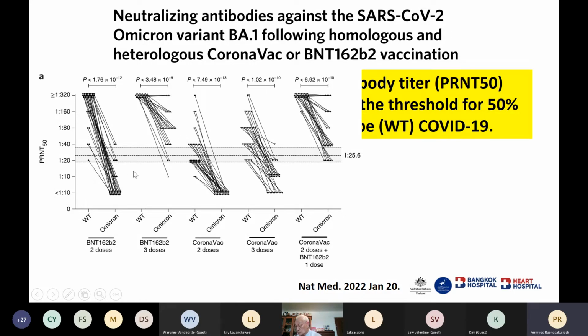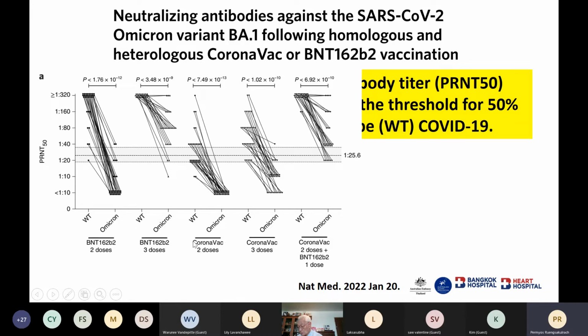So the antibody is not good enough to prevent the infection. If you have Pfizer 2 doses plus the booster dose, then the chance that you have antibody high enough is better.